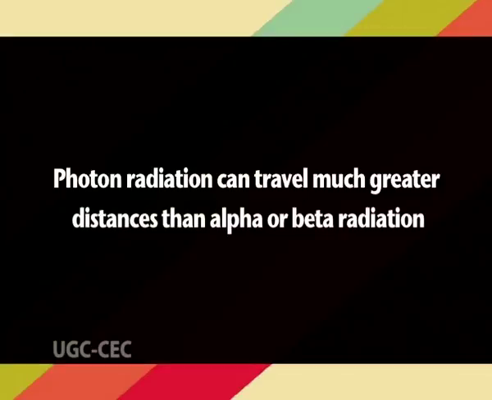Photon radiation can penetrate very deeply and sometimes can only be reduced in intensity by materials that are quite dense, such as lead or steel. In general, photon radiation can travel much greater distances than alpha or beta radiation.